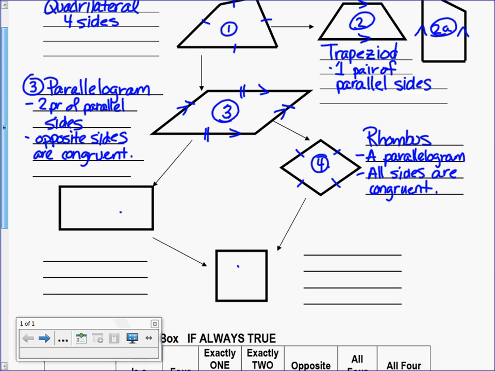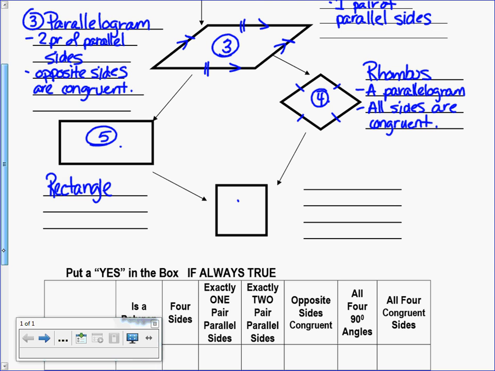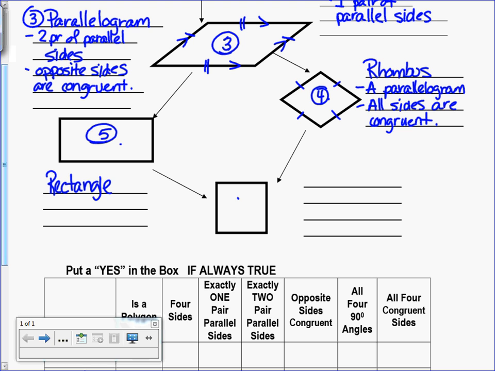All right, so let's go ahead and move on to image number 5. And image number 5 is what we're going to call, and obviously you should know this, a rectangle. So our rectangle is a parallelogram. That means that it has two pair of parallel sides and its opposite sides are congruent.